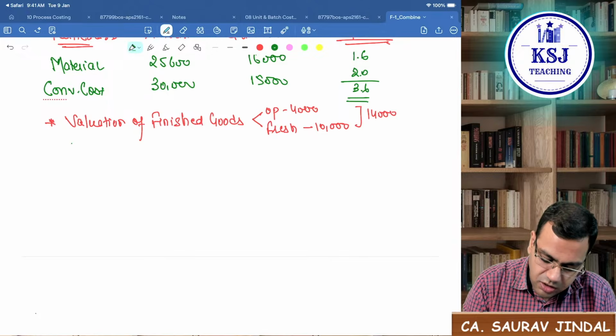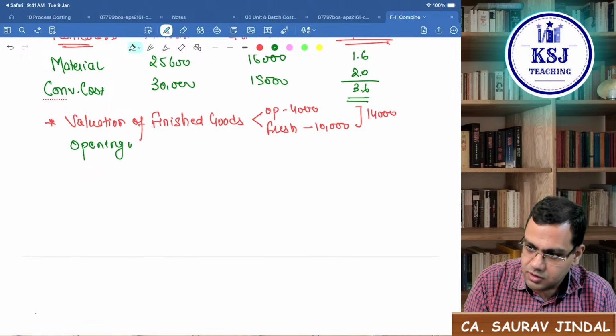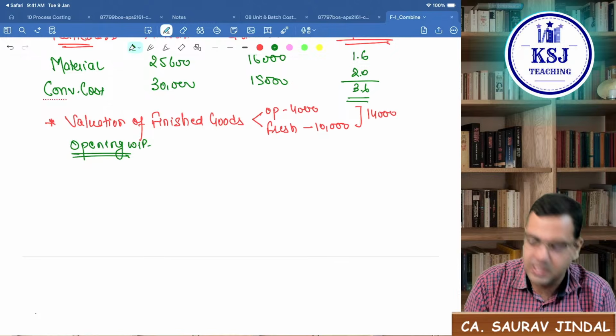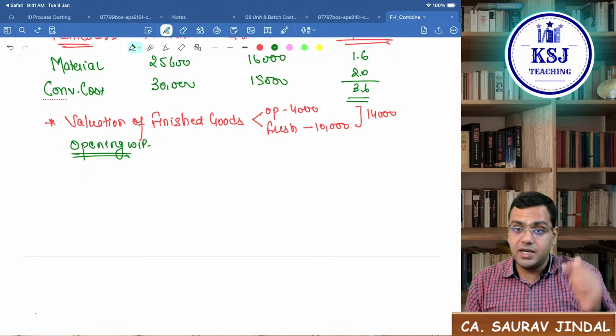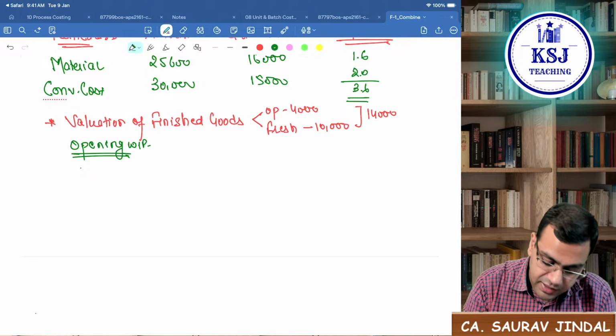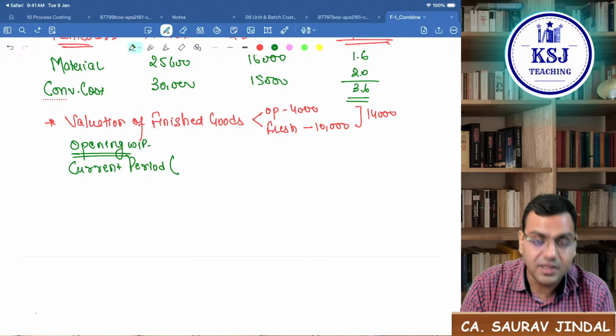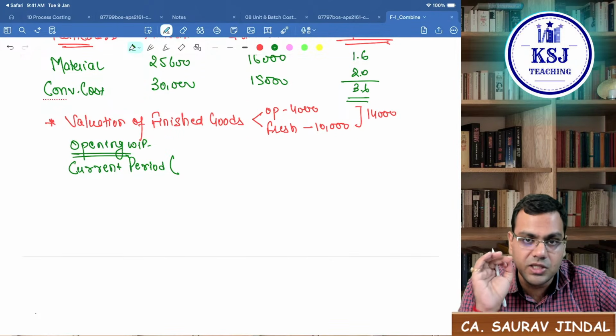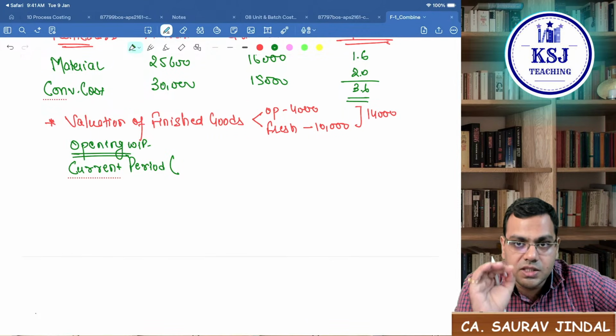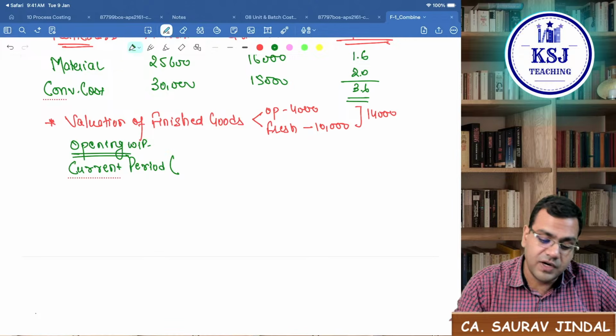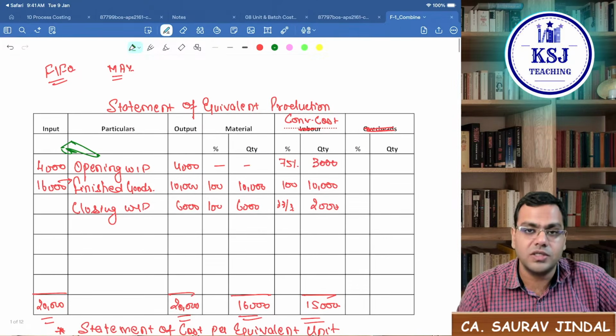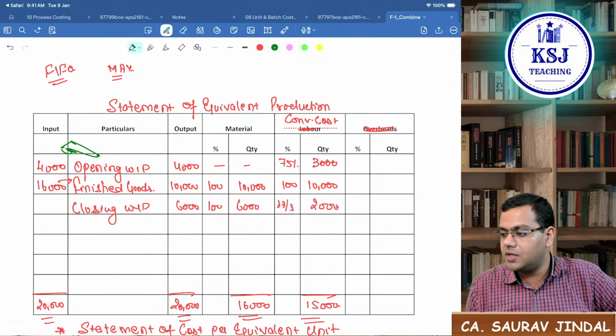Let's first talk about only the opening WIP. Now, in the current period, what is the cost which is incurred in processing the opening WIP? What I'm asking is, in the current period, that means in the month of May, what is the cost that is incurred in the processing of WIP? Is there any material cost incurred in the processing of WIP?